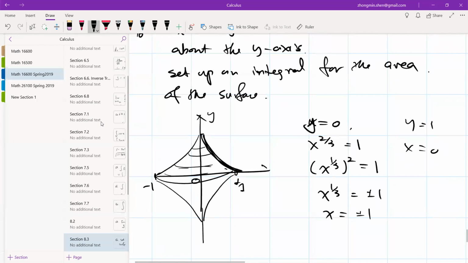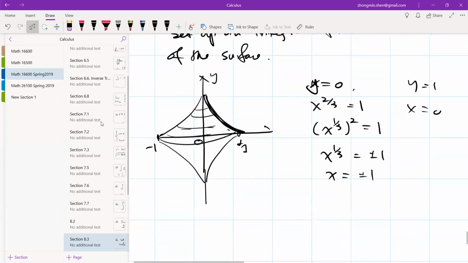So be careful about this. You can describe this curve in 2 different ways. We only consider that piece; this curve is used to generate a surface. Now, what is the best way to solve this problem?